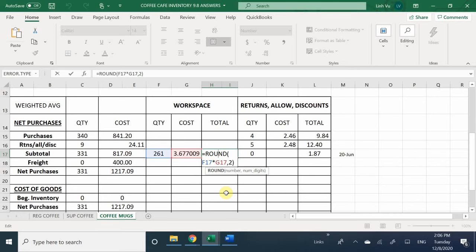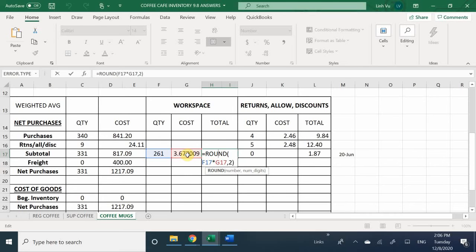So you're going to equal round. Press tab to activate your formula. You're going to click on your 261, multiply by your cost, which is the 3.6770, comma to end the argument, and you want 2 decimal places, so 2.